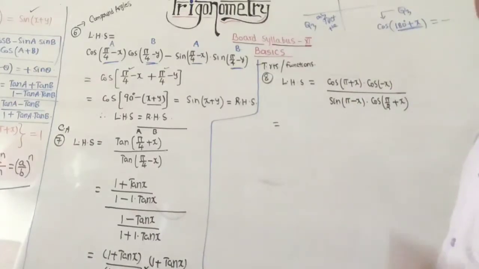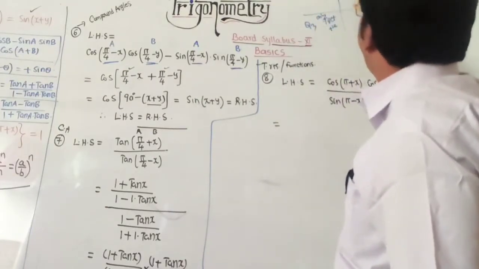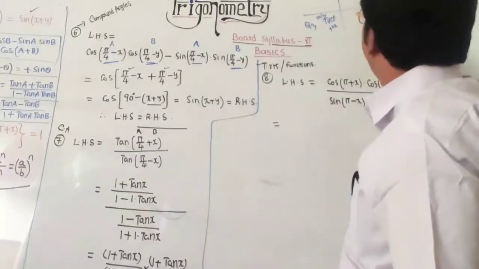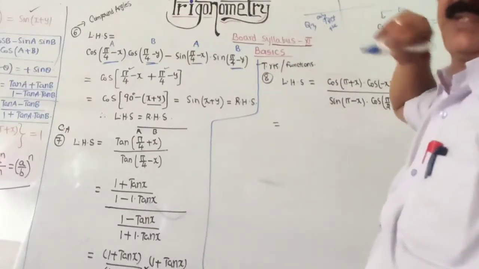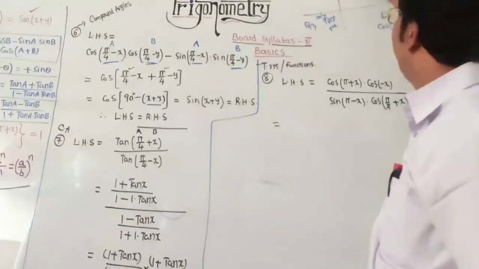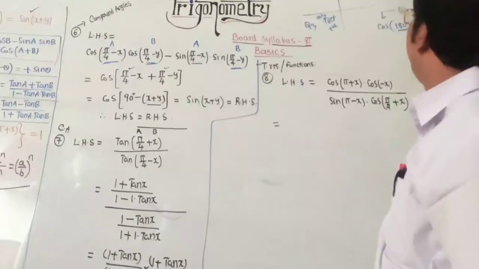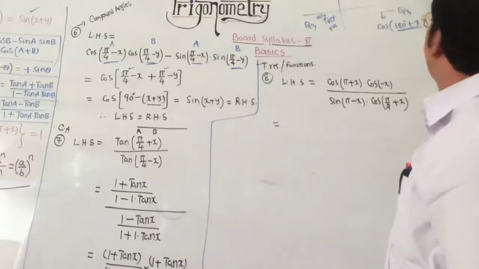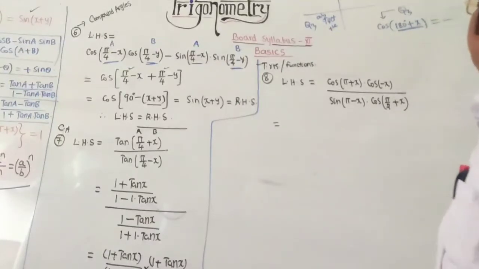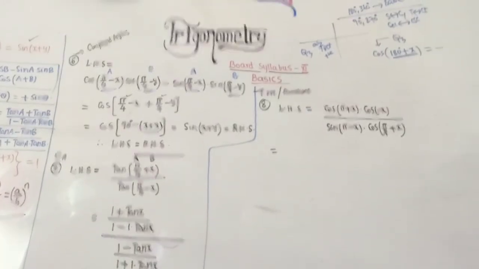Another point. What I said: for 180 degrees and 360 degrees, same to same, don't change the angles. For 90 degrees and 270 degrees, just take sine changing as cos, cos changing as sine, tan changing as cot, cot changing as tan, secant changing as cosecant, cosecant changing as secant, just like that.